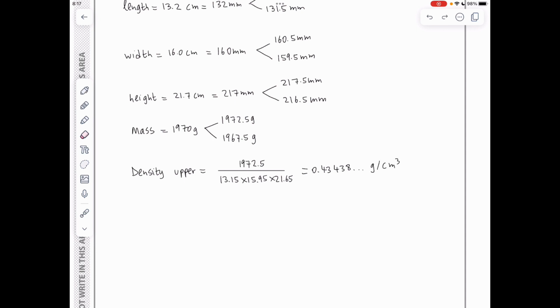Similarly, I can proceed in finding the lower bound for the density. So that will be the lower bound for the mass, 1967.5, over the upper bound for the length, the width, and the height.